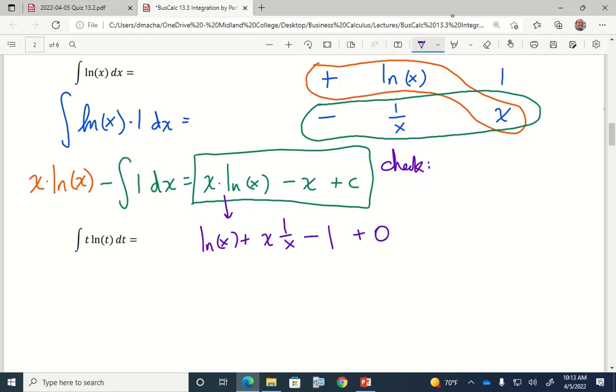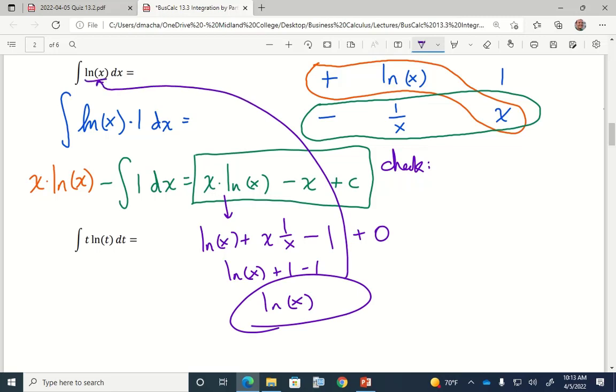Derivative of a constant is 0. So then x times 1 over x is just 1, so I could write natural log x plus 1 minus 1, and then plus 1 minus 1 cancels out, so I just have natural log of x. And that is my original integrand. So taking the derivative of that antiderivative does work.